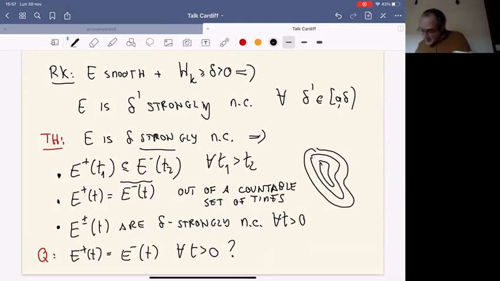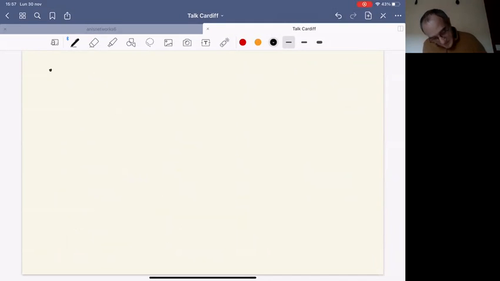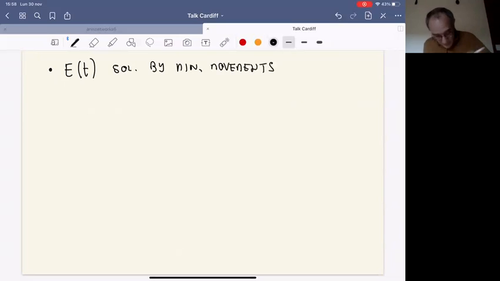Okay, and then we have a final remark. What is also true is that if E of t is constructed as a solution by minimizing movements, then E of t is also a solution, or every solution.